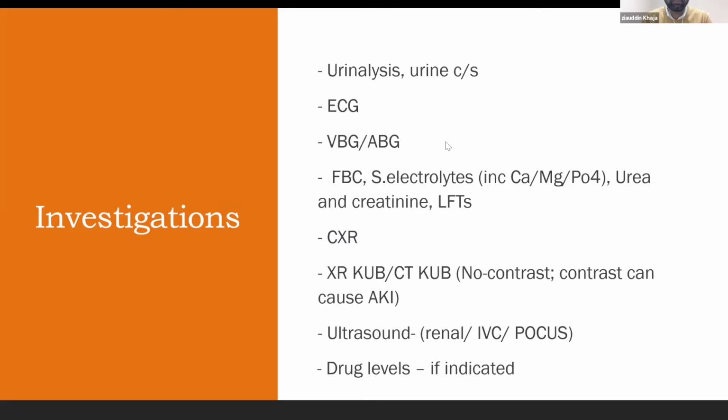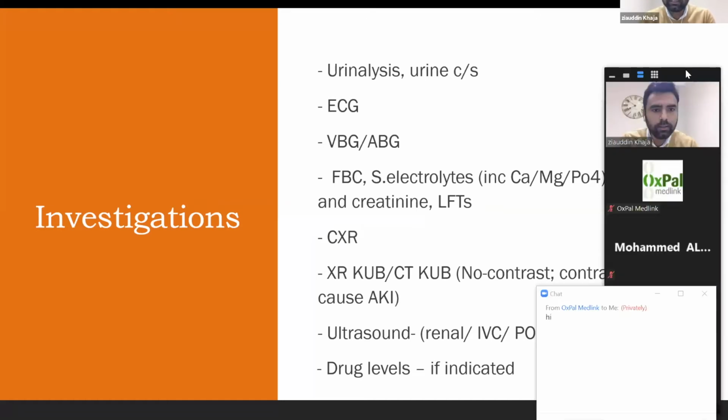And urine culture and sensitivity, especially if you have somebody with recurrent UTIs or elderly people. And then ECGs, of course, especially to see if there is any hyperkalemia going on, VBG or ABG to see the acid-base status. Again, full blood count, electrolytes, urea, creatinine, and LFTs.